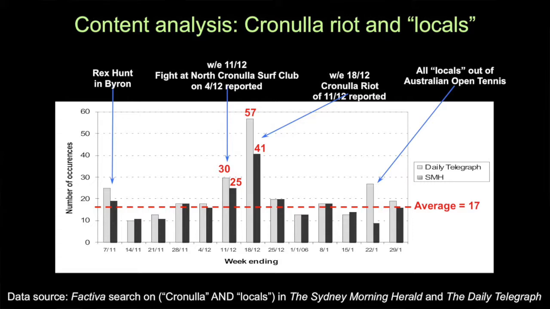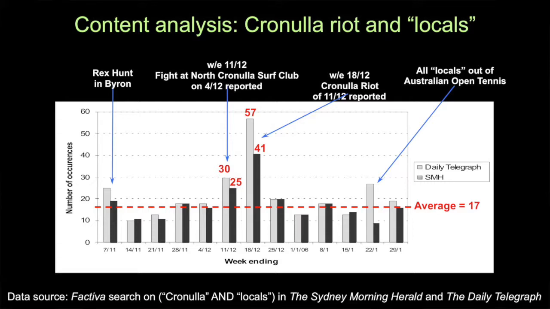The reason I did that was I was interested in some semi-statistical type of analysis around, okay, what's the average occurrence per week of the word locals, the S is important, in the Sydney Morning Herald and the Daily Telegraph, using a database called Factiva, and just finding what I could there. So it's quite simple, and it's sort of drawing up spreadsheets and counting, and you can do some analysis like that.